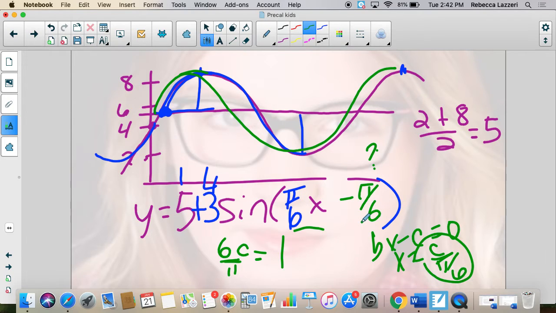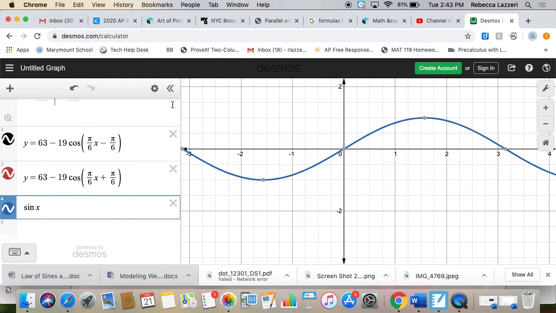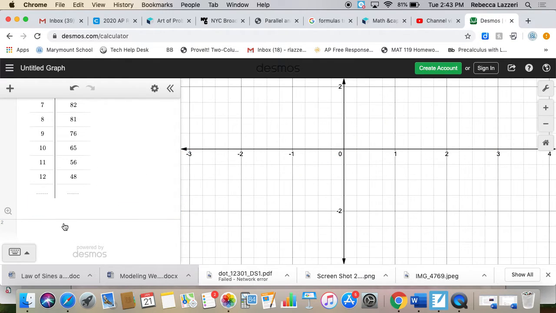Now if I put that in Desmos, let's see if we get the graph. Let me get rid of all of these. What do I have?